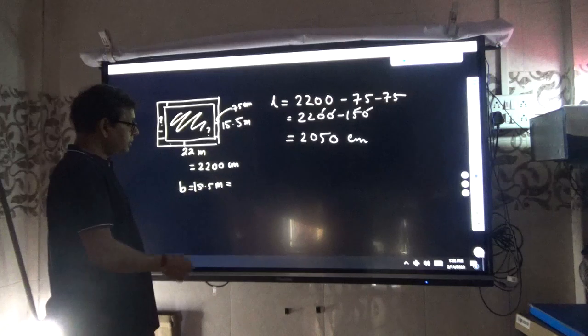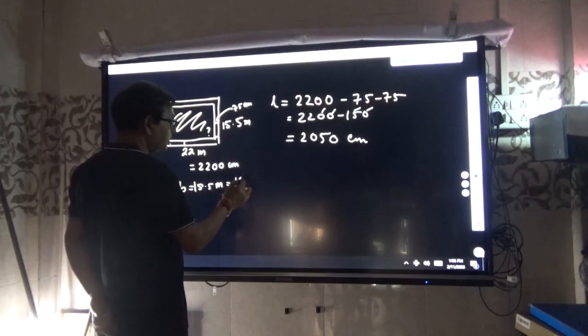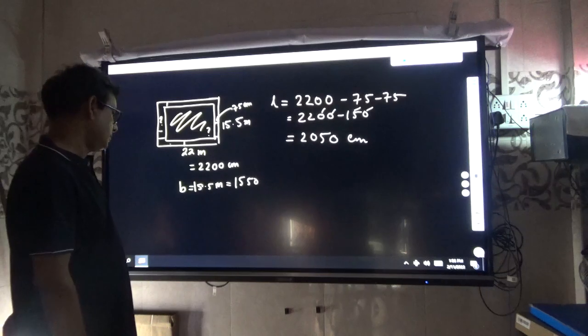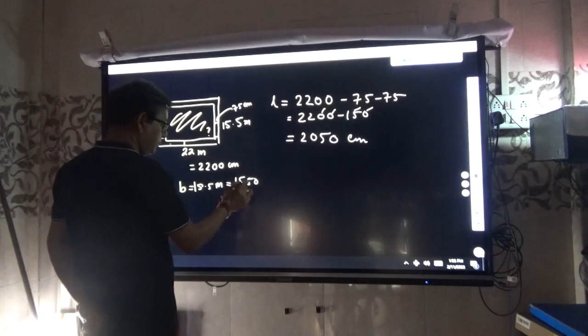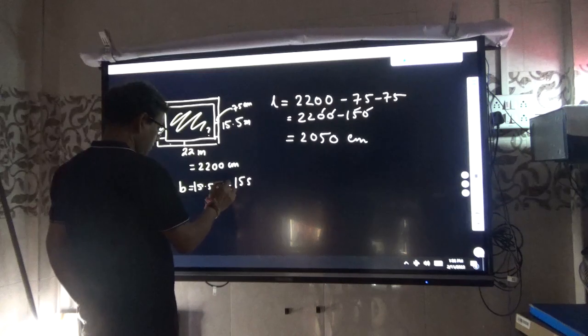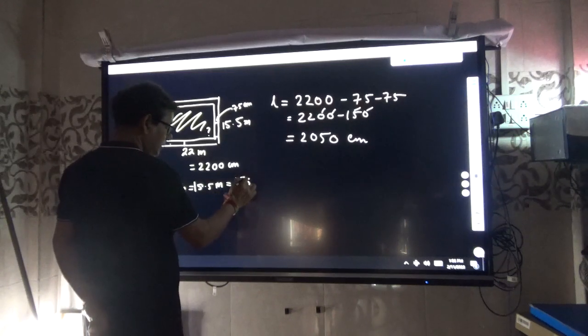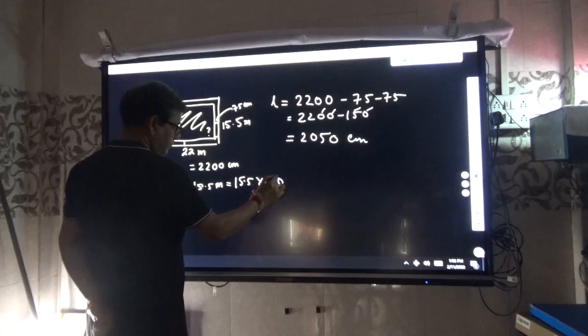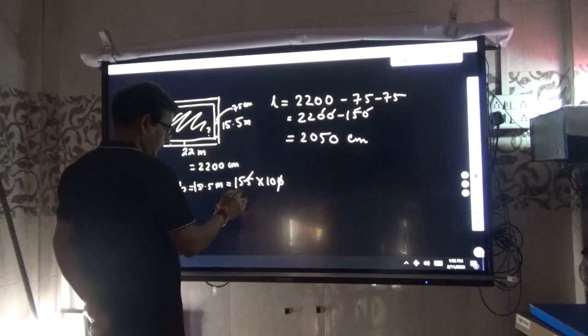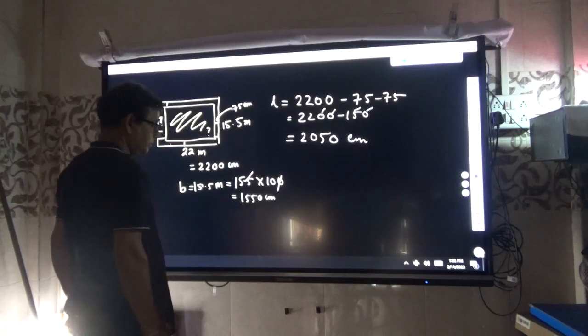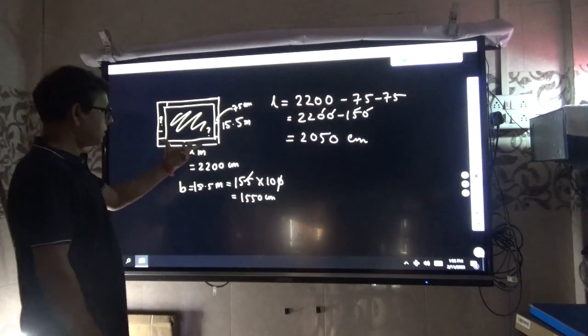So multiply it by 100. 15.5 into 100 is 1550. This is the breadth of this central hall.